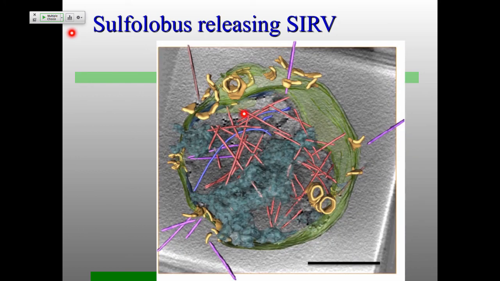The reds are the viruses, and these yellows are those virus-associated pyramids which have opened up to allow those virus particles to come out of the cells. Truly amazing and unique way that archaeal viruses have come up with, again, evolutionarily, to get out of the cells.